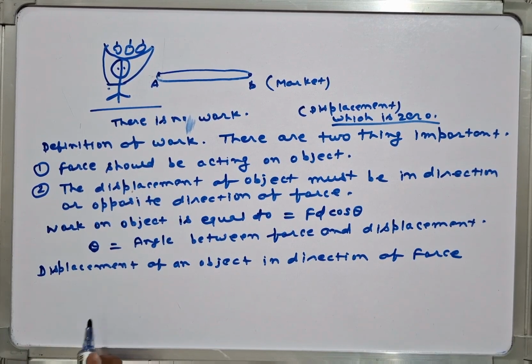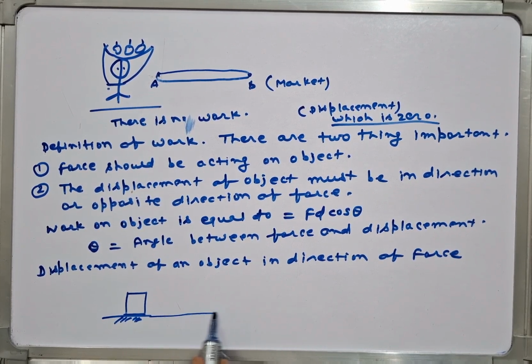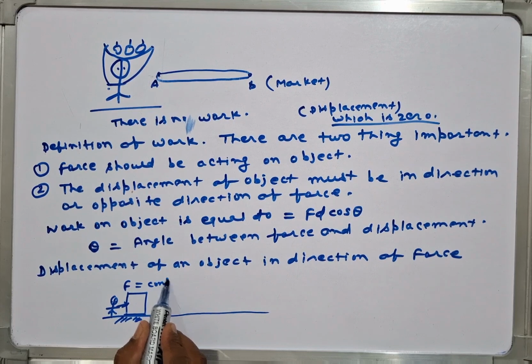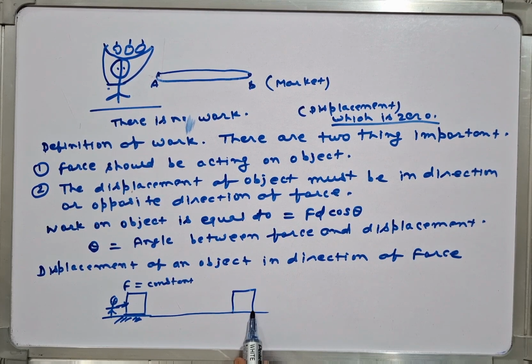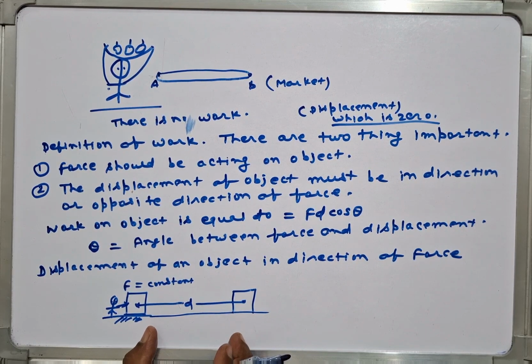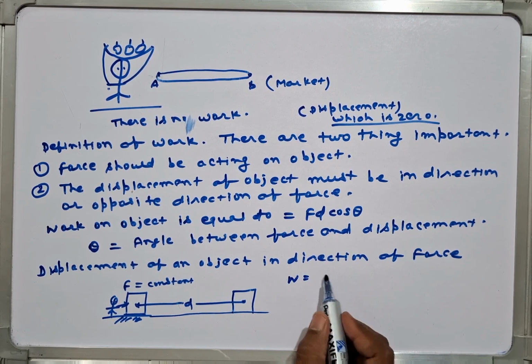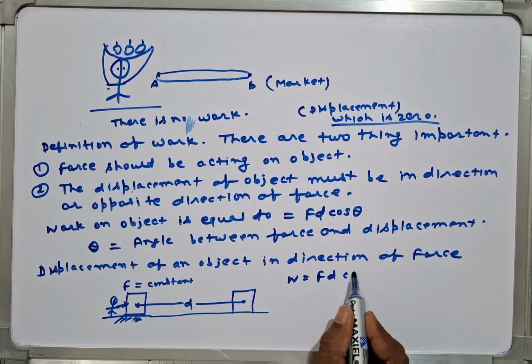Suppose this one is a block on the ground, and one person is pushing with a constant force F. Now suppose in this direction the object moves to this point, and you can say displacement equals d. So in this case, work done equals F into d and cos theta.